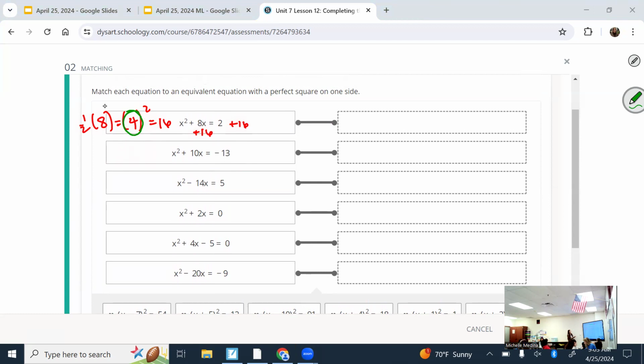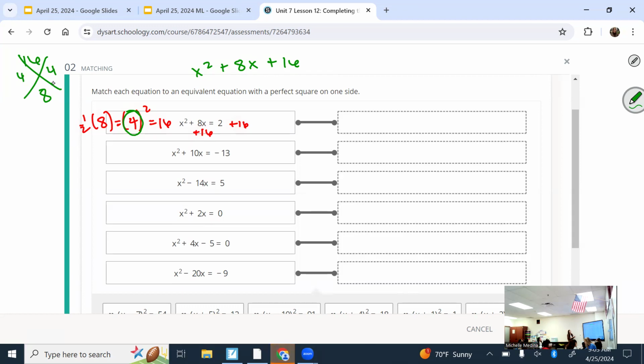So adding the 16 makes it x squared plus 8x plus 16. What multiplies to 16 that adds to 8? 4 times 4. Okay, and that's what it should be. It should be the same number making it.